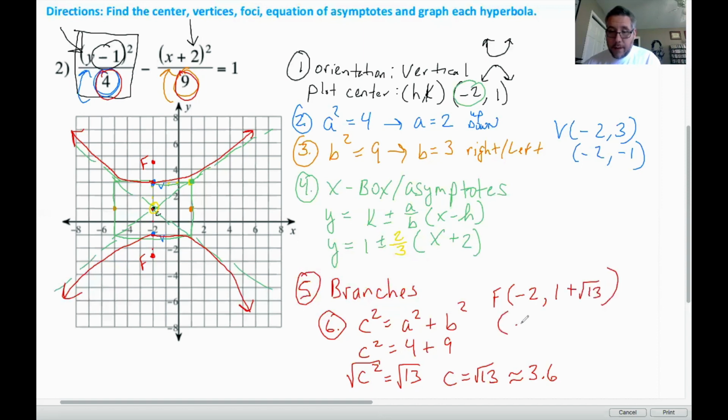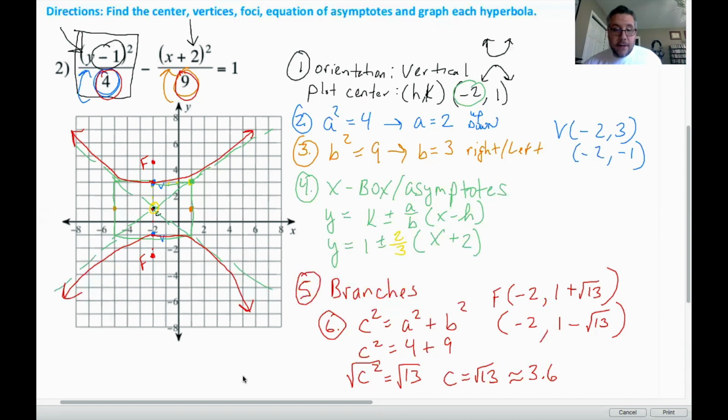And then for the other one, it's left 2, starting at a height of 1, which was from the center point, but then we went down that 3.6, which is minus, and that's root 13 to be precise and not rounded. These are exact values. All right, I think that does it. That is our vertical hyperbola.